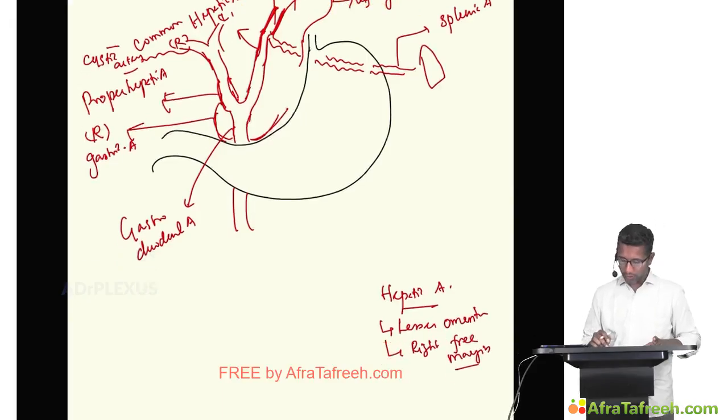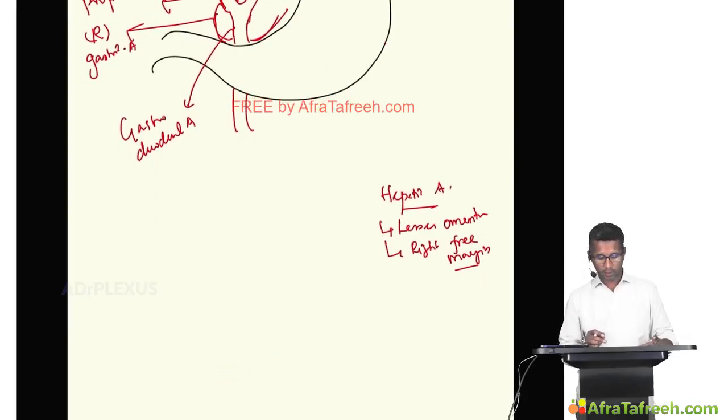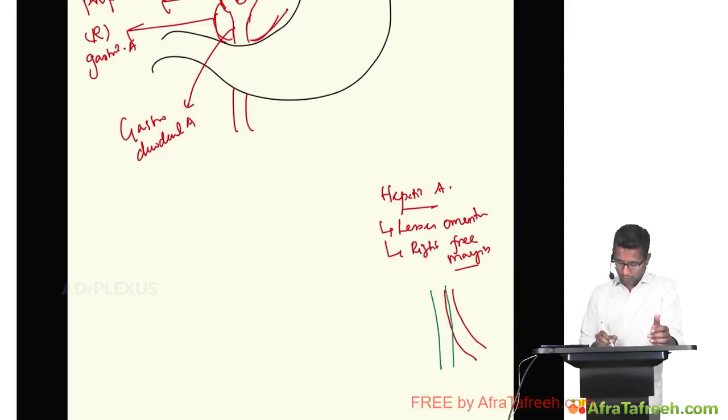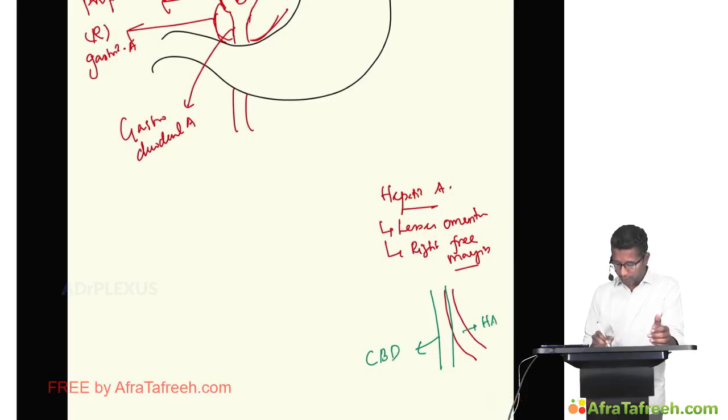Let us consider this is the hepatic artery running in the right free margin of the lesser omentum, and to its right side one important duct runs. This duct is called the common bile duct, CBD, and this artery is the hepatic artery, and running behind these two structures is a vein called the portal vein.